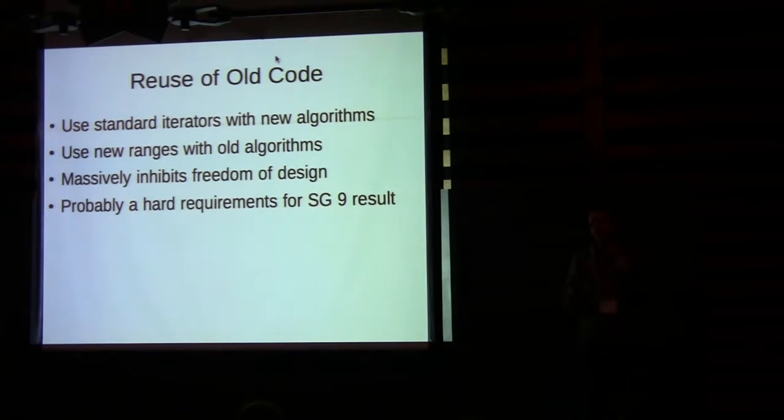Nevertheless, if we want something in a standard, it probably will have to have pretty good compatibility with old code. We probably do not want to have ranges in the standard that are disconnected from the iterators, so that if a new component is added to the standard and it only provides ranges, suddenly you can't use any code you've written, any algorithms that use iterators for it.